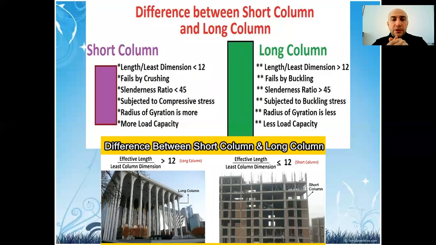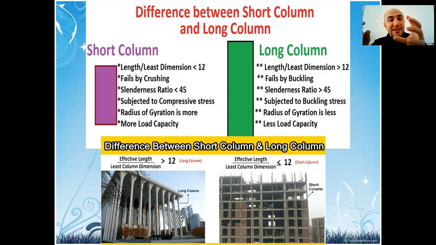According to slenderness ratio, columns have only two types: short and long. The variety of columns is divided into these two types. So let's try to understand deeply what a short column means. For short columns, the ratio of the length or height to its lateral dimension is less than or equal to 12, and it is known as a short column.